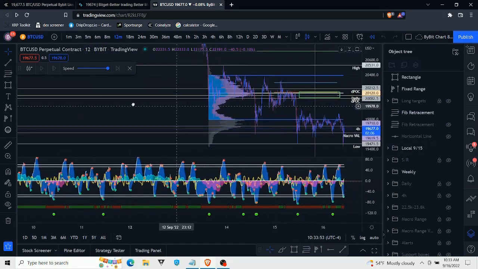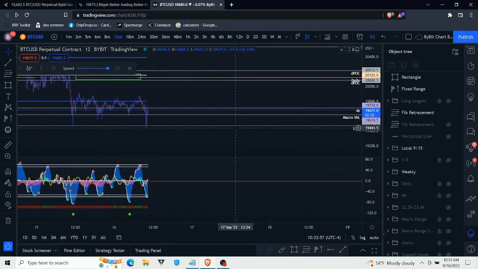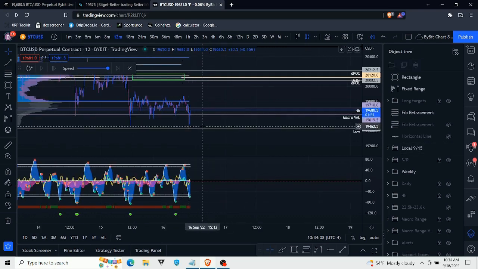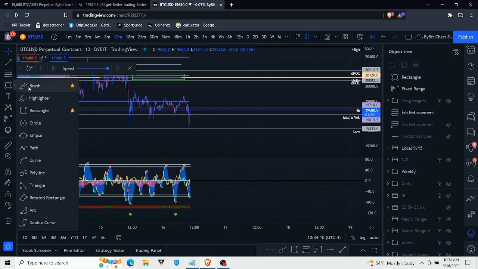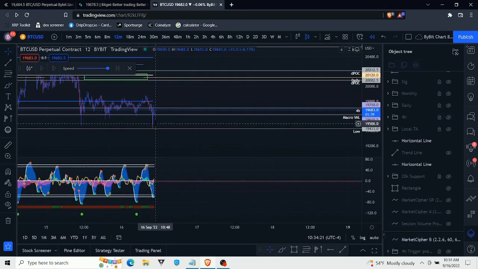Oh, wow. Did you see that? We came right down to the low of the range right here. So I can adjust this now. I can drag this line down just a little bit because we took out this wick. So now we have a new low of the range, and if you look, you'll see that as we came down to this low, we were forming bullish divergence, which managed to get me into a nice little scalp trade down here.